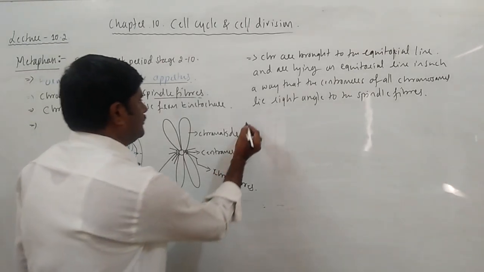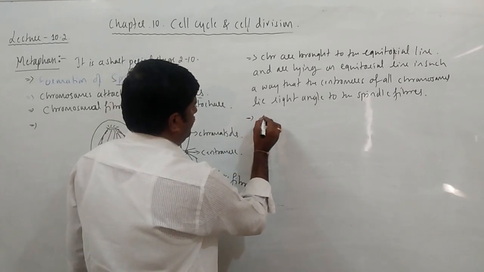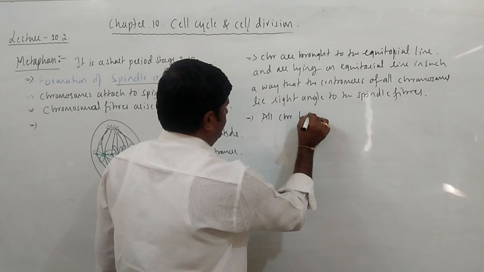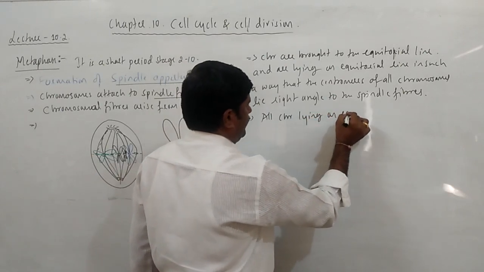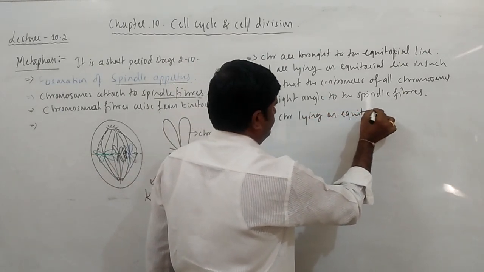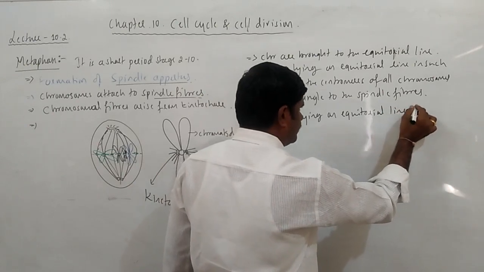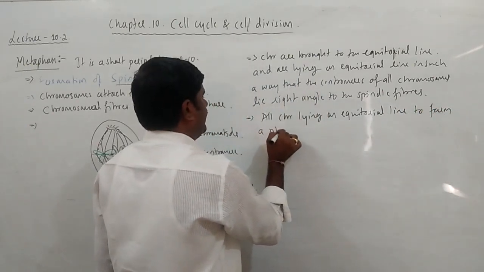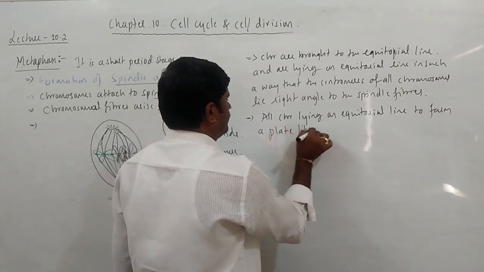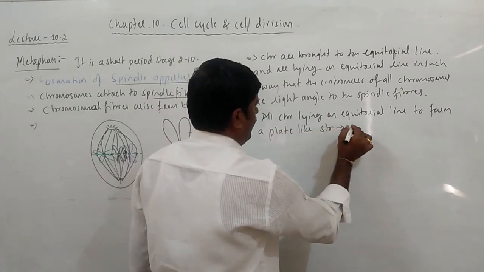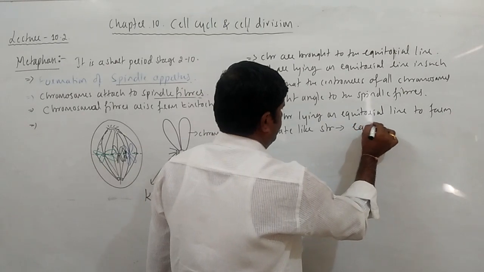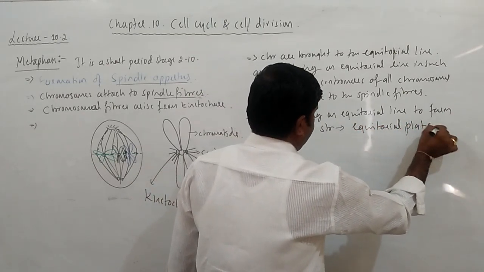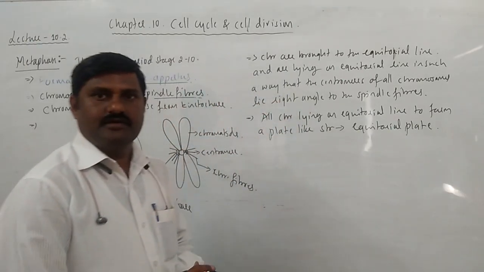So what happens? All chromosomes lying on the equatorial line form a plate-like structure called the equatorial plate, right?